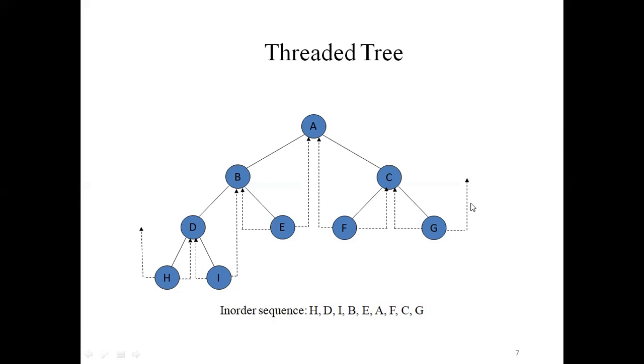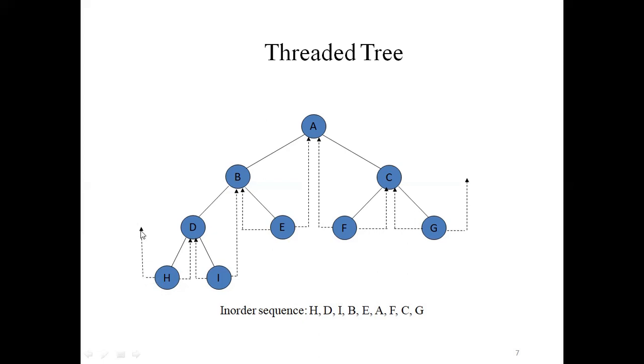Now you might be confused why we are keeping the leftmost field and the rightmost null field as dangling or null. Because by the rule, the left field should store the inorder predecessor of that node. If you look at node H, it doesn't have any node before it, so it doesn't have any inorder predecessor. So that is again null.